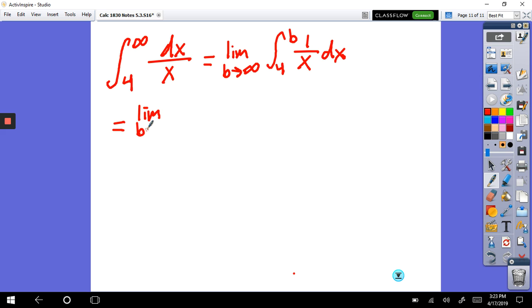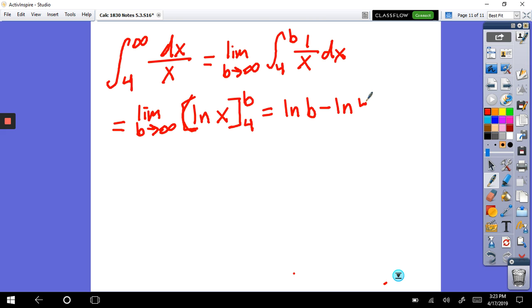So the limit as b goes to infinity of natural log of x from 4 to b. So that yields us natural log of b minus natural log of 4.